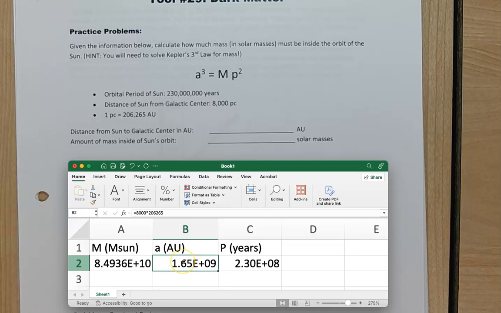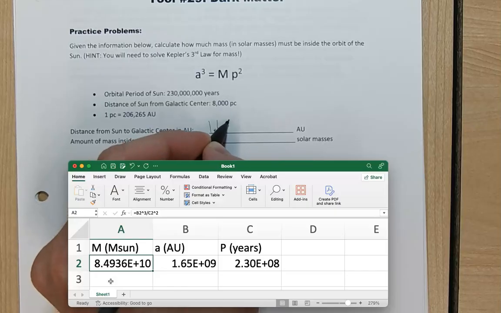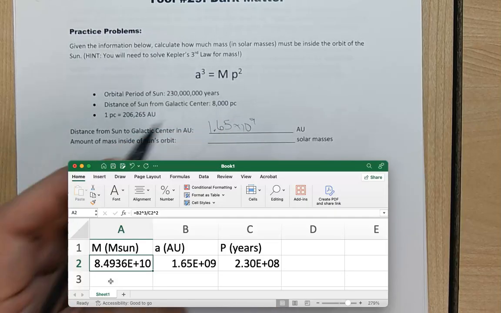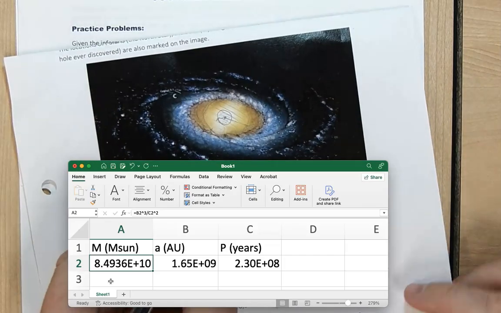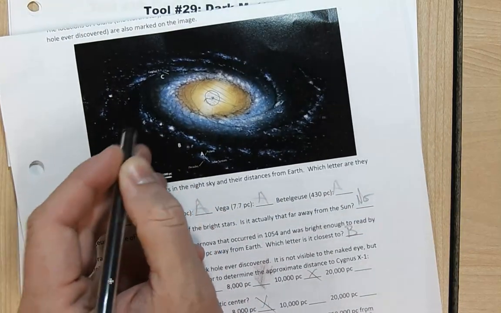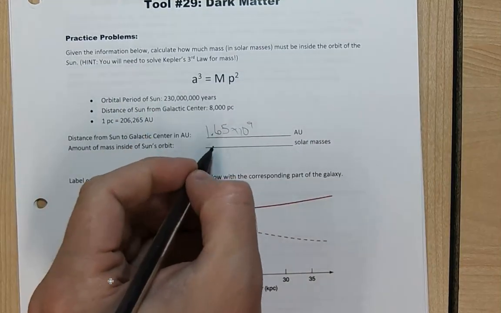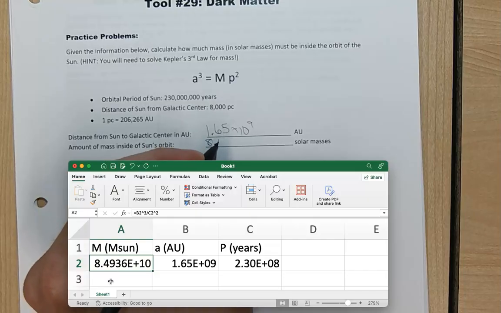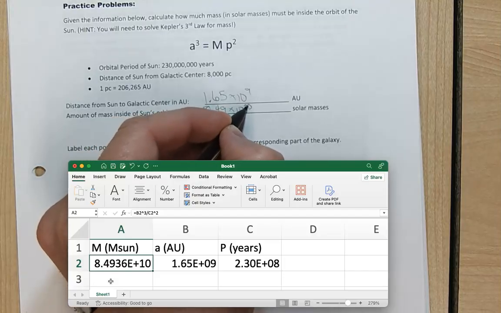And when you plug those in, the distance of the sun to the center of the galaxy is 1.65 times 10 to the 9 AU, which means that the amount of mass enclosed within the orbit of the sun around the center of the galaxy is, what did we find? 8.49 times 10 to the 10 solar masses.